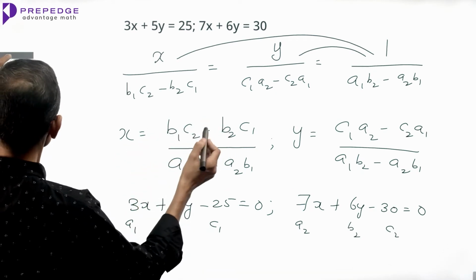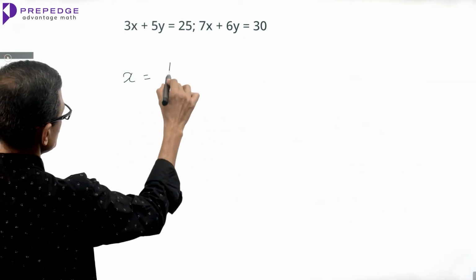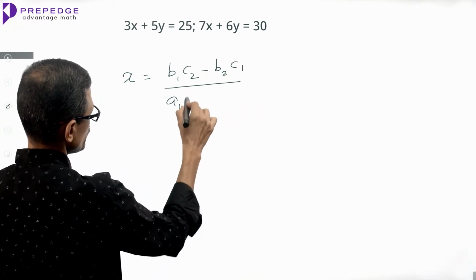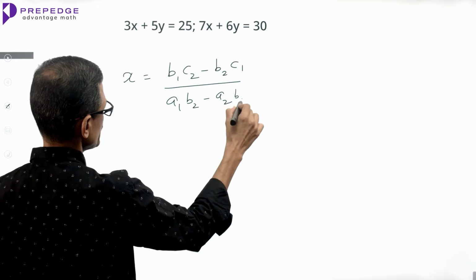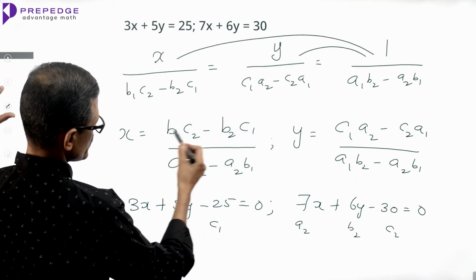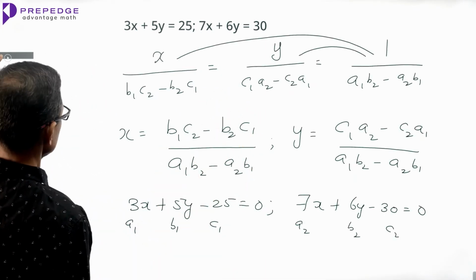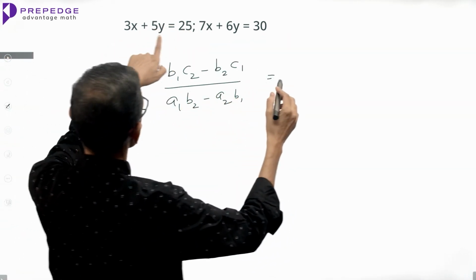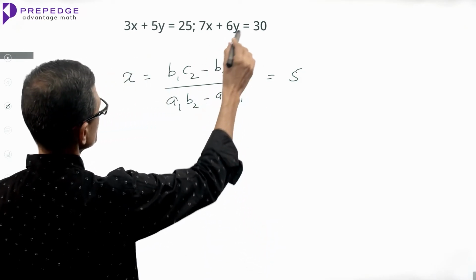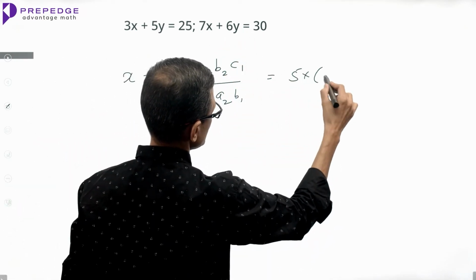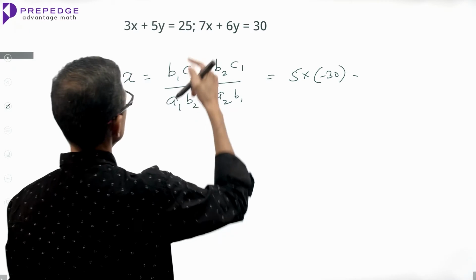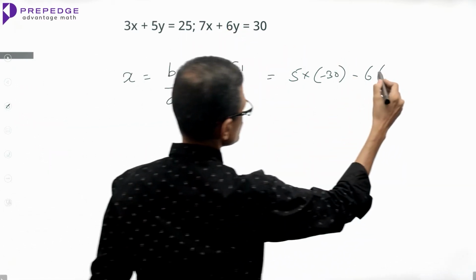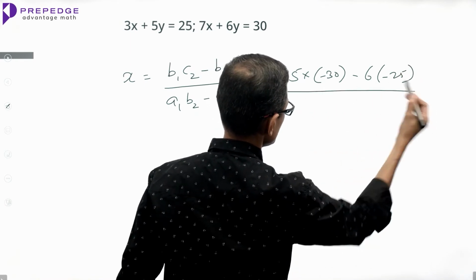X oda value kandupidikkalaam, we'll just plug it in. We'll write the formula: x is equal to b1 c2 minus b2 c1 divided by a1 b2 minus a2 b1, right. Formula correct. We found out the values: b1 is essentially 5, c2 is minus 30, so 5 into minus 30, minus b2 is equal to 6 and c1 is equal to minus 25. So done the numerator.